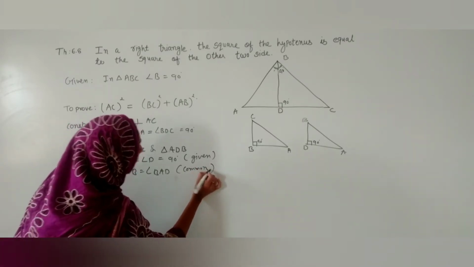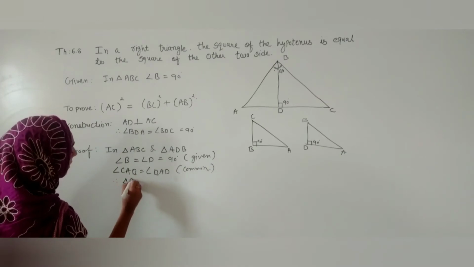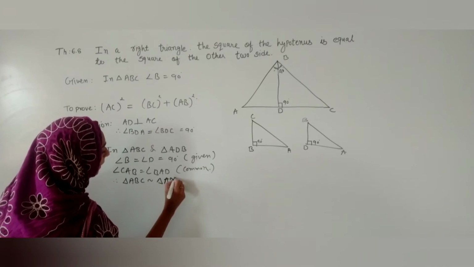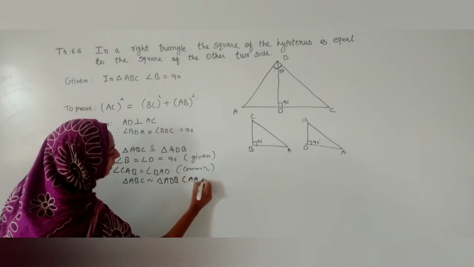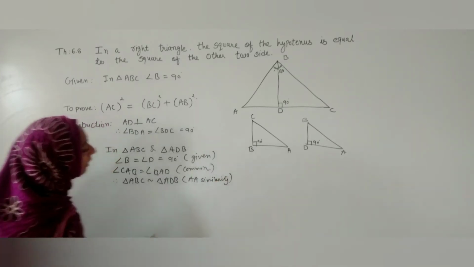So after taking two angles, we can write these two triangles as similar, that is triangle ABC is similar to triangle ADB, and in brackets I will mention that it is because of AA similarity.